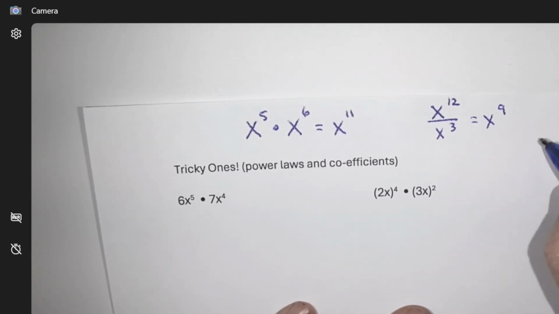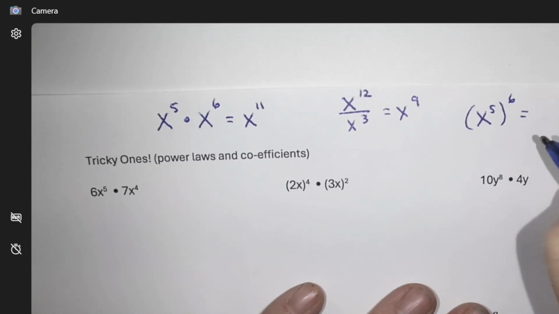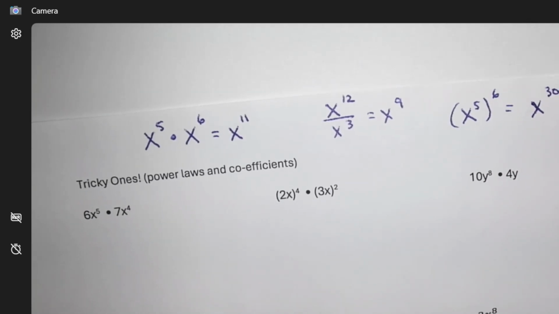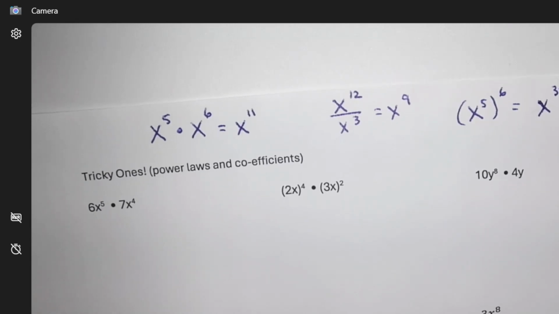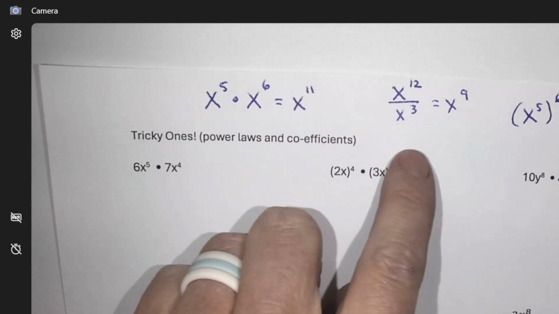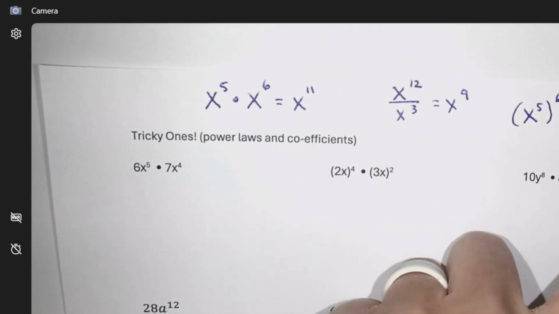Subtract. And if you have this, multiply. Okay, so those are some of the big ideas, right? If there's multiplying with powers, add. Division with powers, subtract exponent. Power to an exponent, times.